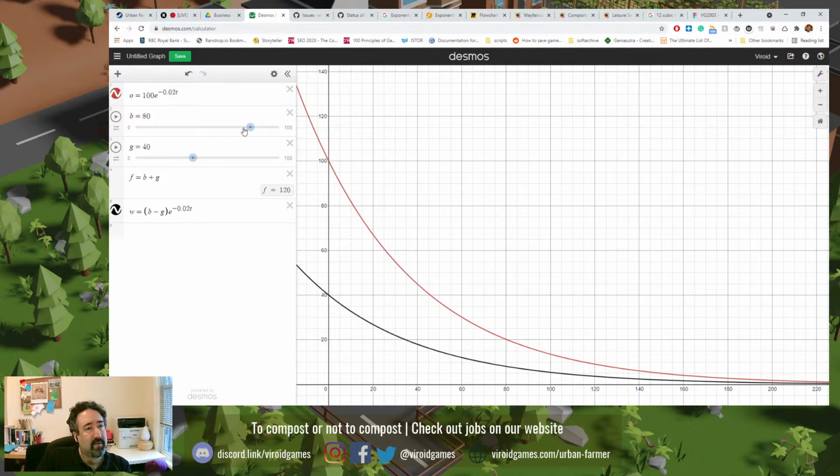So eventually, the difference here is going to be 40. That's the 40 here. Now we may actually do this in a more exaggerated way, where every brown is going to take away 2 units of water. So then that would be 2B minus G. We'll look into that.